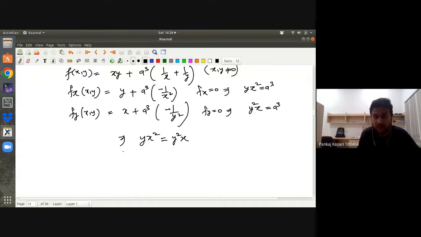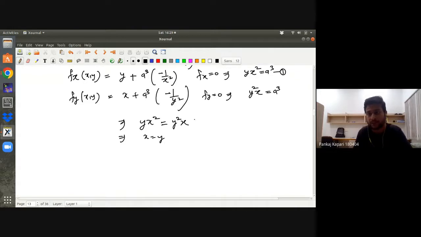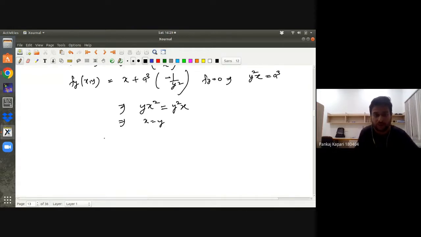Now because xy is non-zero, we can cancel xy from both sides, and this will imply that x must be equal to y. Now if x is equal to y, from the first equation we get x cube is equal to a cube, and this will imply that x is a.